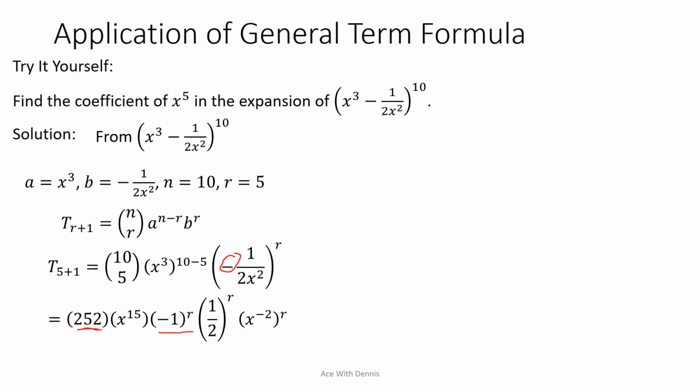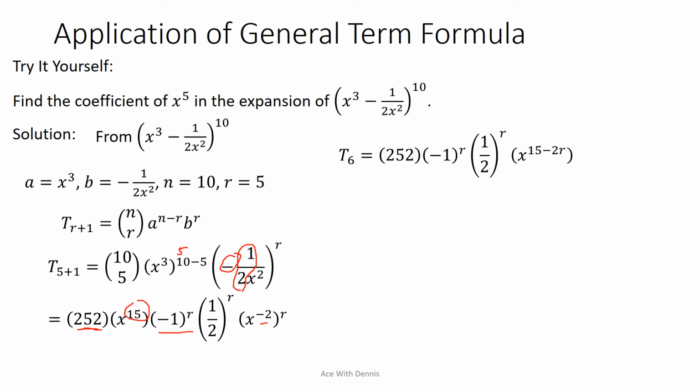We can open the bracket here: 10 minus 5 is 5, so 5 times 3 is 15, so it's x to the power 15. Then for 1 over 2x², we can break it into a half, so this is (1/2)^r, and this is x to the power negative 2 times r.